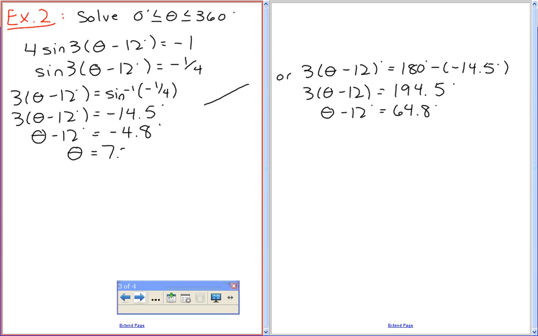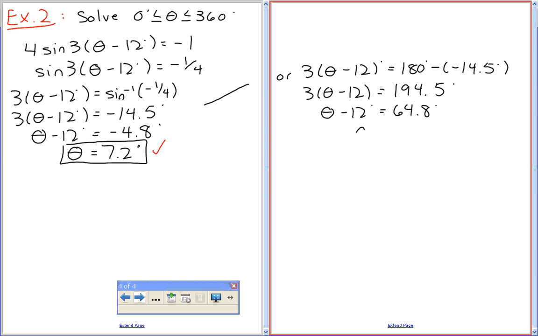All right, now, for everyone else, is theta equals 7.2 okay? This looks low, but I'm going to put a check mark beside it. Jenna, can you also add 12 to 64? 76.8.